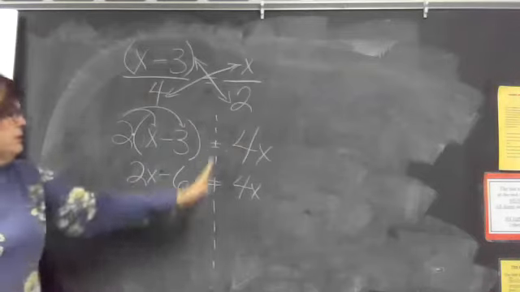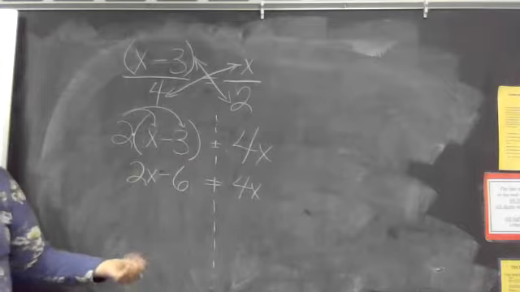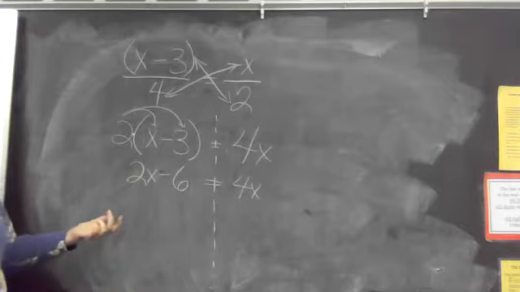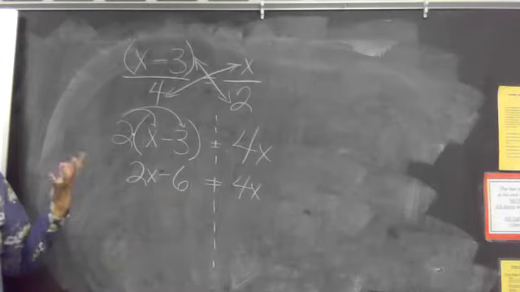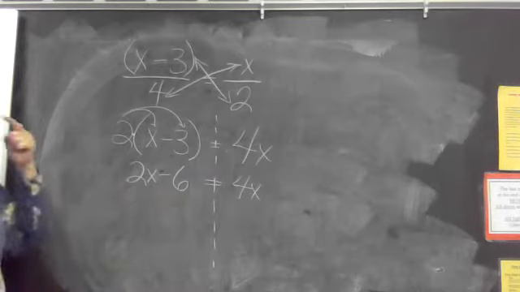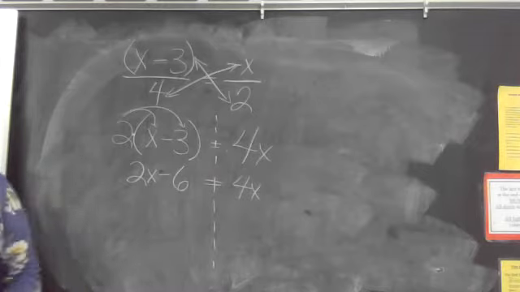Now, usually we put the line down through the equal sign and we circle our variable, but we found out earlier on that if the x is in too many places, it's hard to circle one x. So that gives us the clue that we have to get all the x's together, okay?